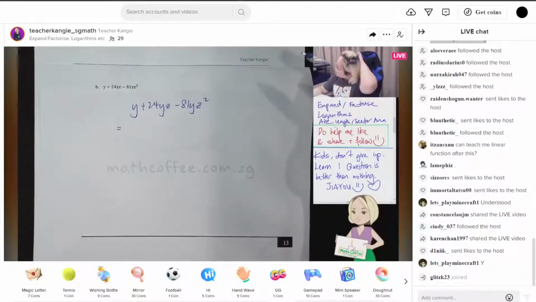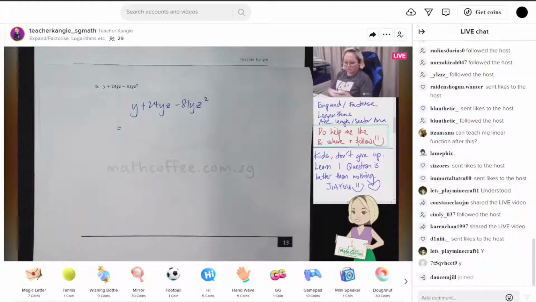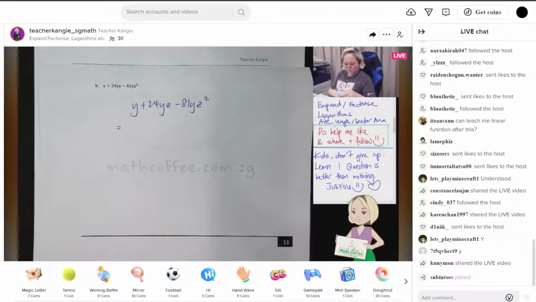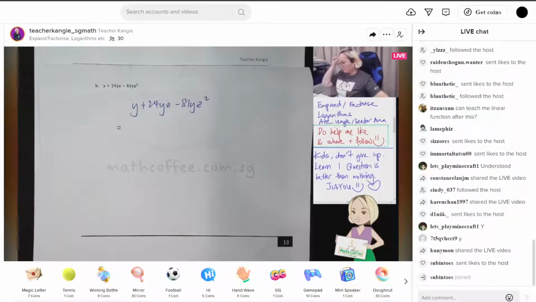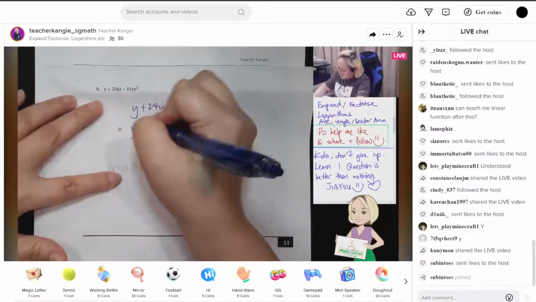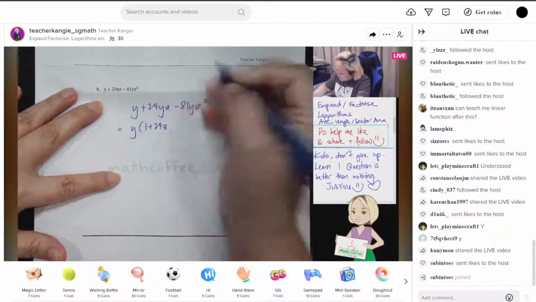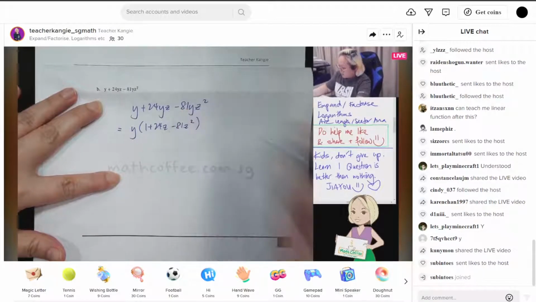This is the second last question for factorization. I'm moving on to logarithm soon. Good. Take out y. Left with 1 plus 24z minus 81z squared.